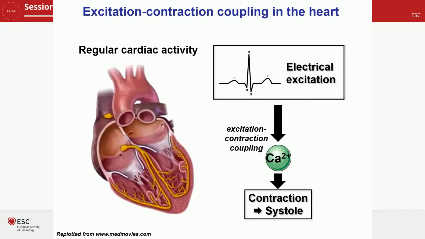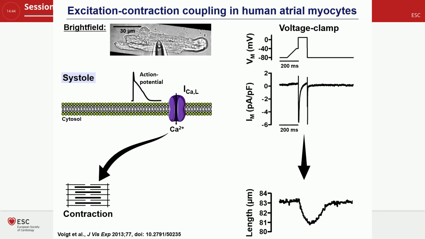So we now know that calcium is the major mediator in the excitation-contraction coupling process. And we can recapitulate this on a single atrial myocyte. So you can see here a myocyte isolated from a patient undergoing open heart surgery for coronary bypass grafting. We took the samples, isolated atrial myocytes, and in order to stimulate them electrically, we used the patch clamp technique.